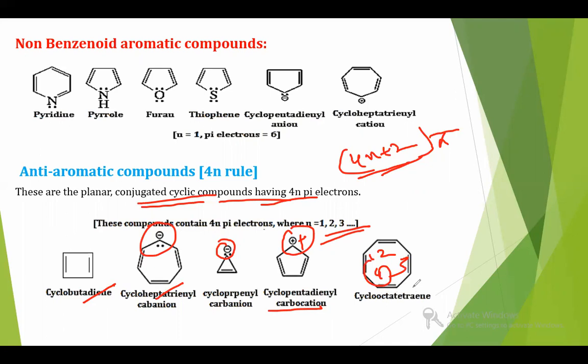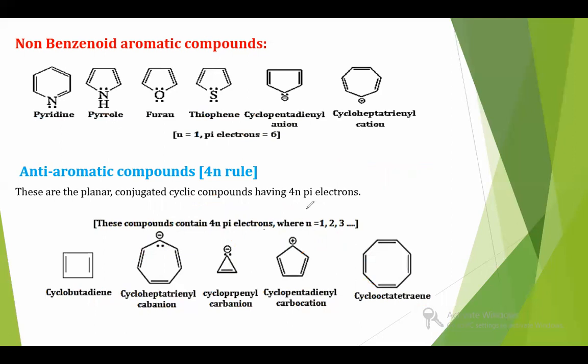So tetraene, 4 alternate double bonds. These compounds will not follow Huckel's rule and will have conjugated double bonds. These we call anti-aromatic compounds, which follow the 4n rule or 4n pi electrons.